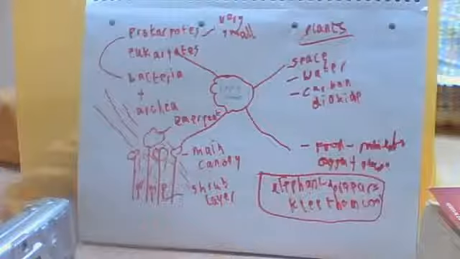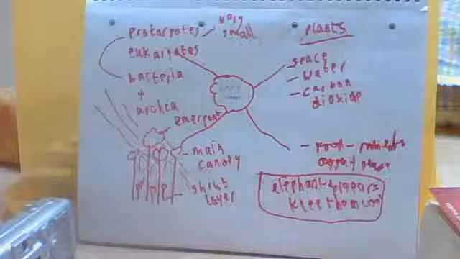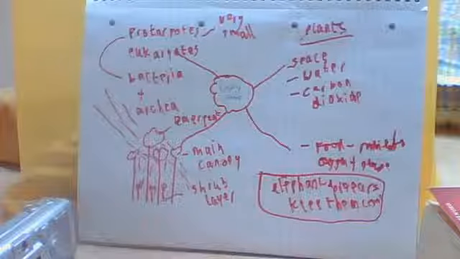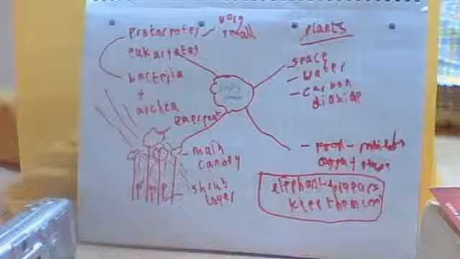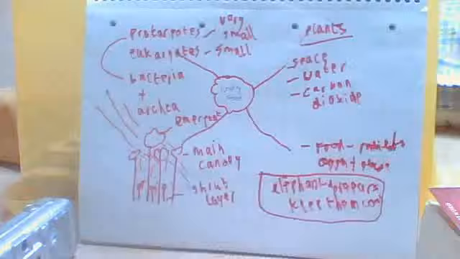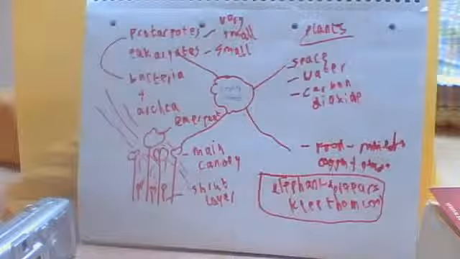For eukaryotes, they're obviously very efficient because they've got a number of different organelles that enable them to carry out multiple functions. I'll probably talk about those individual functions in a future video, but the main point is that eukaryotes are very efficient as well, and they're not quite as small, so I write small there, because they've got a lot more specialist organelles for doing particular things. But these don't need it because they're so efficient as it is, because they're so small, so they can transport substances really quickly.